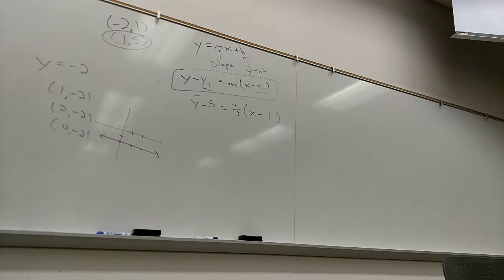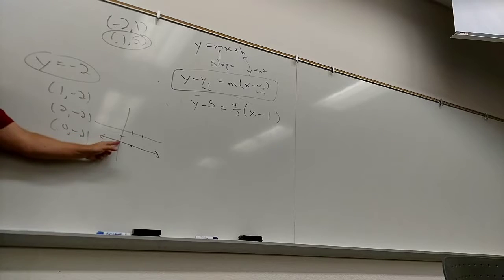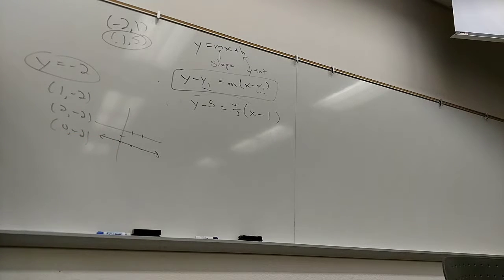When I change y, I go up and down, because that's what the y-axis does. This says y cannot change. Y must be -2. Does this equation say anything about x? So what can x do? Anything it wants to. It can be everything. So y has to be -2, meaning it cannot go up or down. But x can be anything it wants to be. So the only way it can move is left and right.